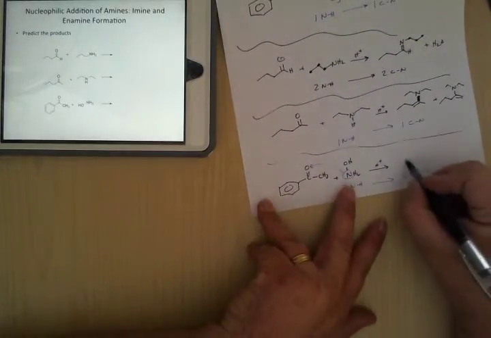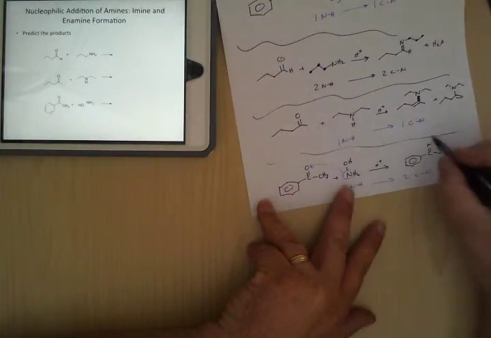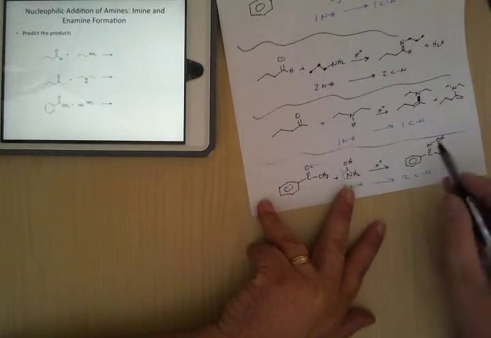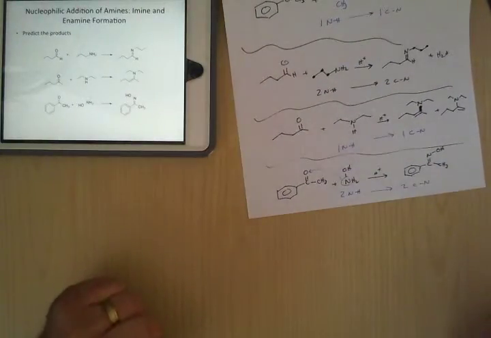So we're going to make our normal like that, and then this OH coming along for the ride. Now again, it doesn't matter if it's this side or this side. You're not to that level yet. Okay, so there we go.